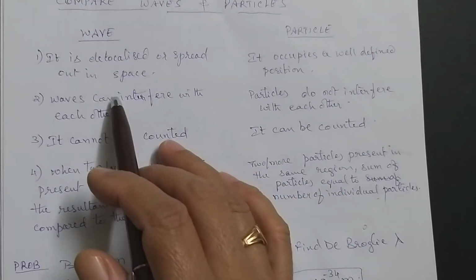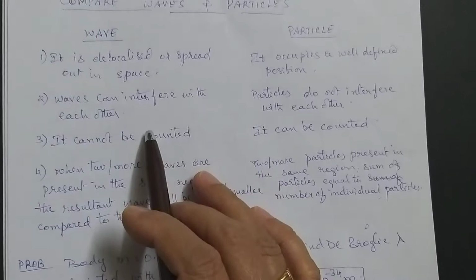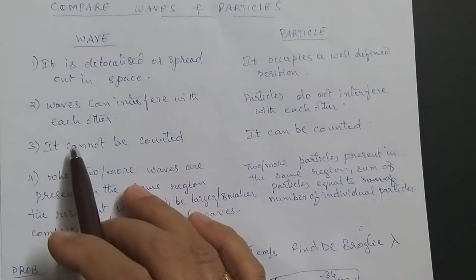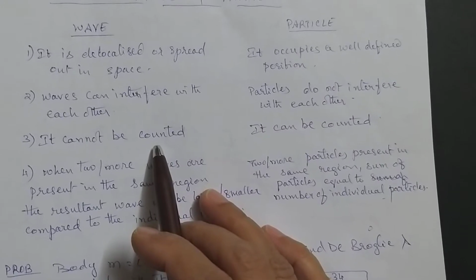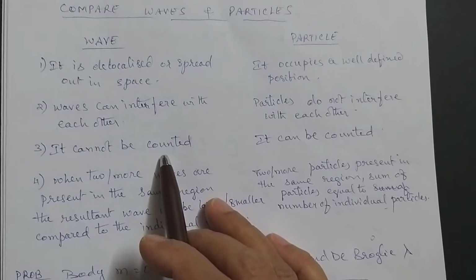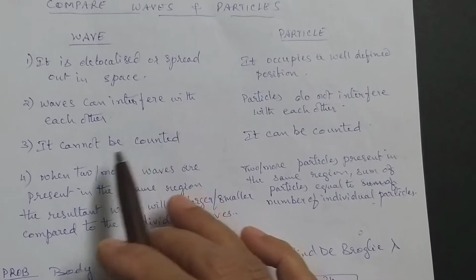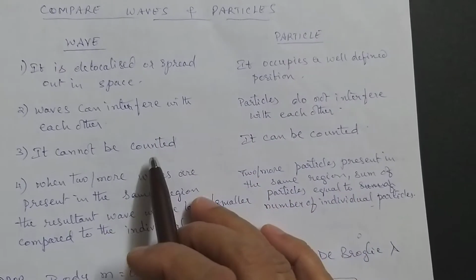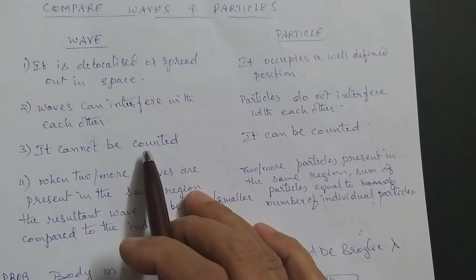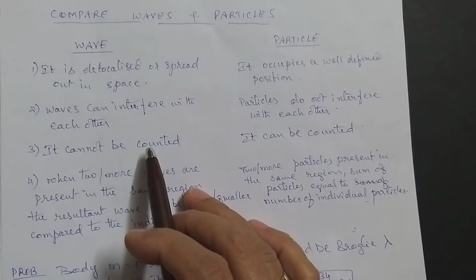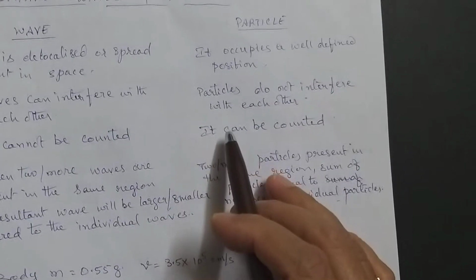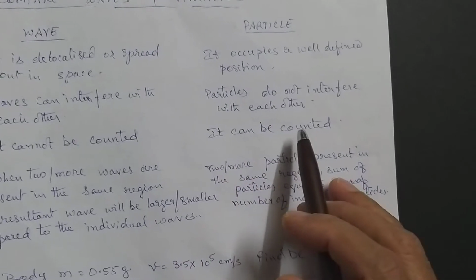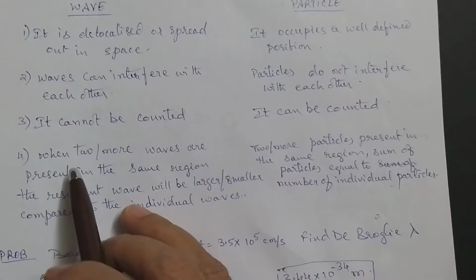You mix a wave and wave, a new thing is formed, so it cannot be counted. When two or more waves mix, they will form a new wave. Of course, the energy is conserved. There is no change in the total energy, but you cannot separate out that this is the energy of this wave. You can't see them separately. Whereas particles in a group can be counted and they maintain their identity.